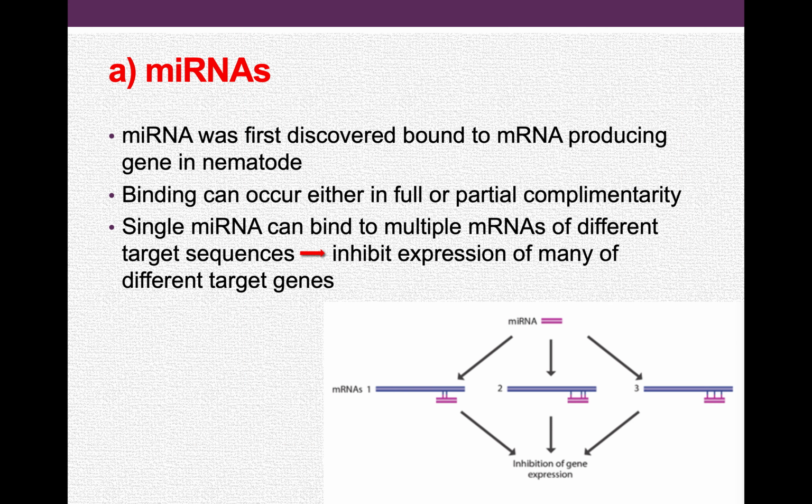Now, for the first one, which is the microRNA, a bit about it is that it was first discovered bound to an mRNA producing gene in the nematode, a small animal. So binding can occur either in full or partial complementarity, and a single microRNA basically can bind to multiple mRNAs at different target sequences. And this will result in inhibition of expression of many different target genes.